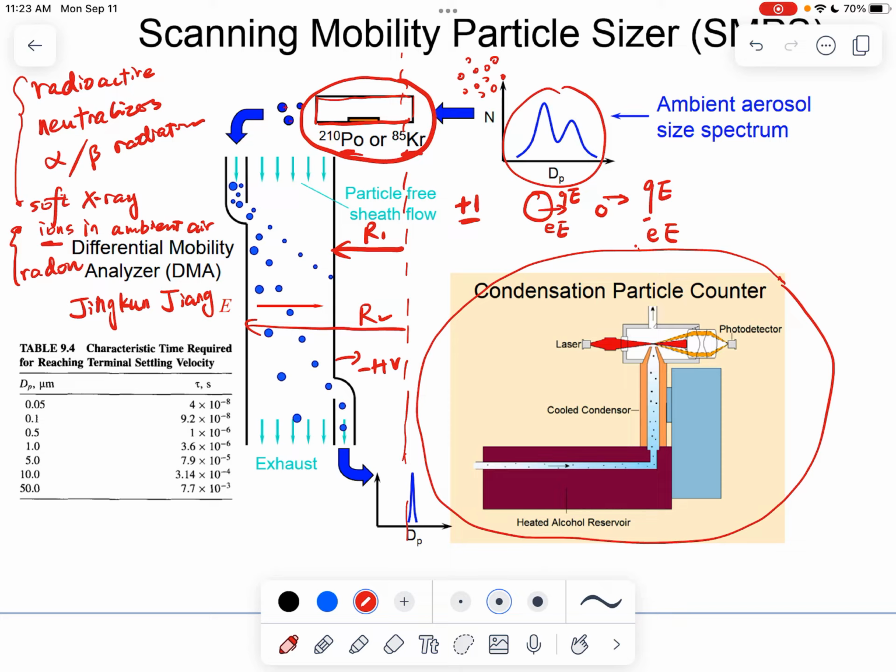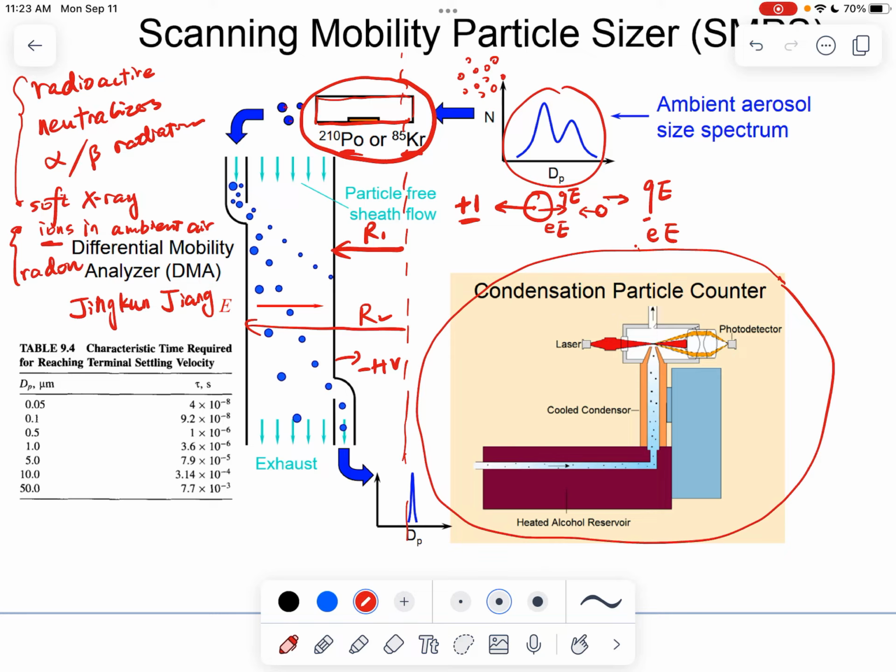The electrostatic force is trying to pull the particles towards the inner electrode. Because there's air here, in the horizontal direction there's going to be another force, since the particles are moving against the air. Before the sheath flow, there's no horizontal flow.